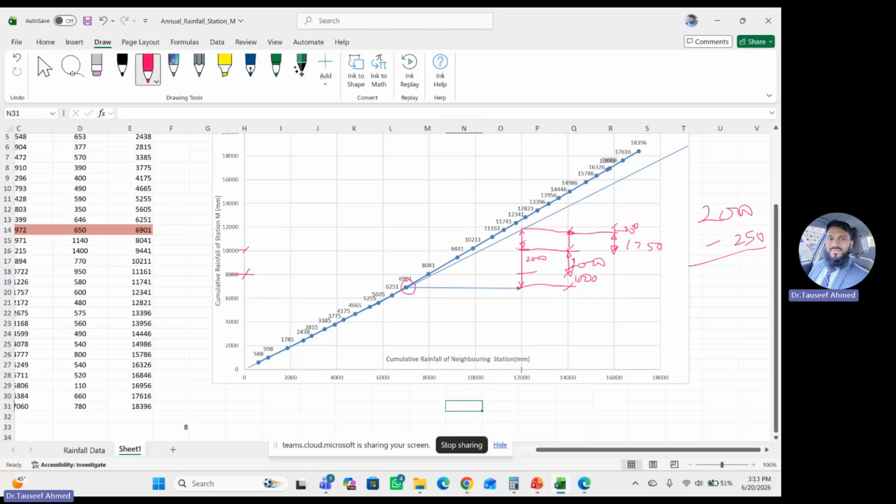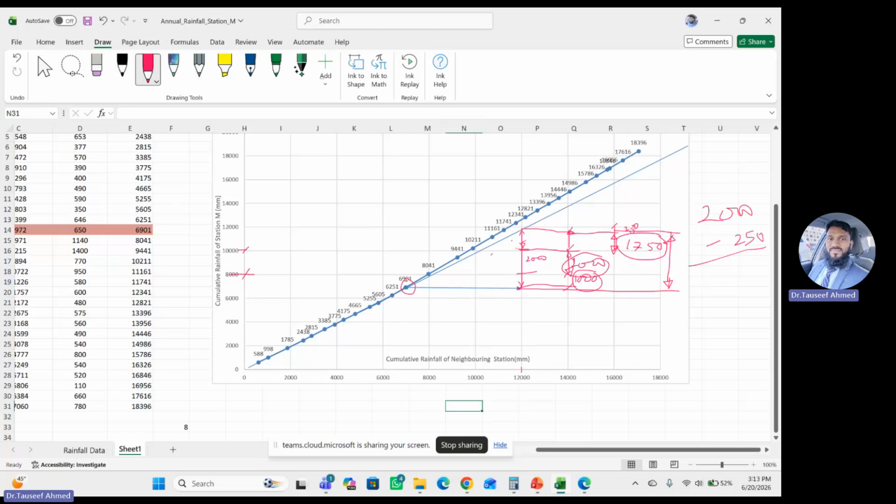So how much will the total be? This total is 1,000 plus 2,000 plus 1,750. It is coming 4,750. So this is delta y for the correct line.